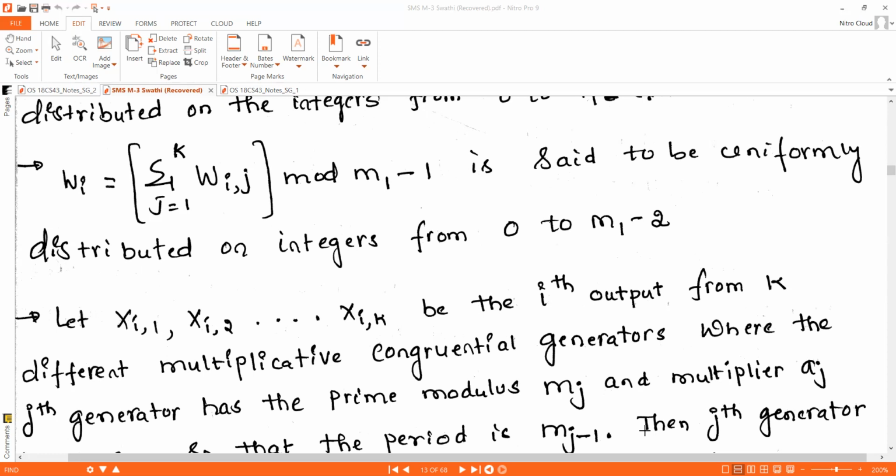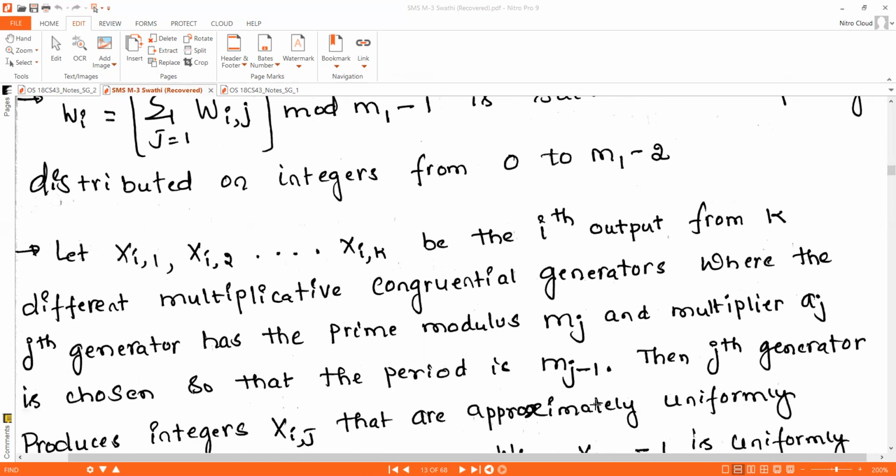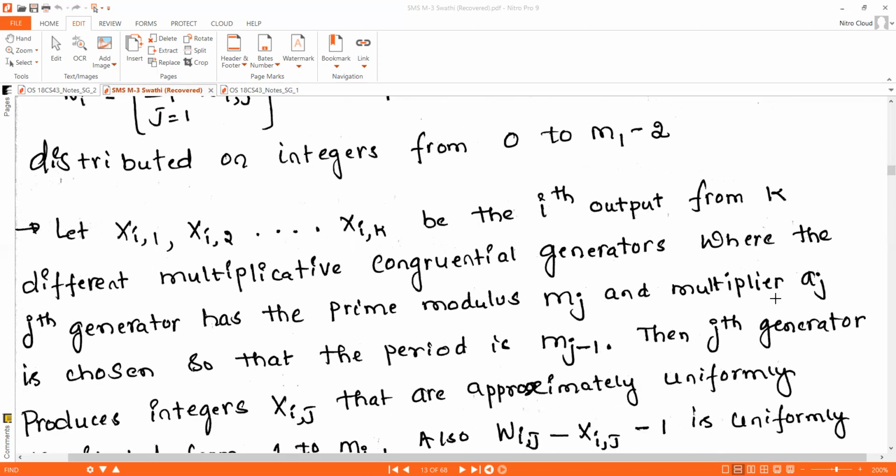The jth generator has the prime modulus mj and multiplier aj, chosen so that the period is mj minus 1.